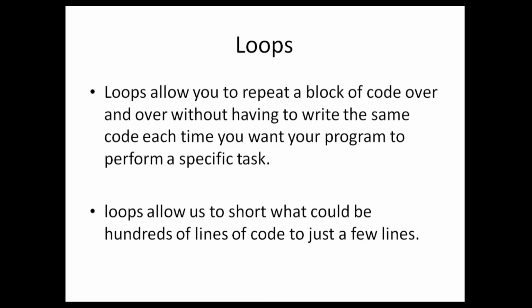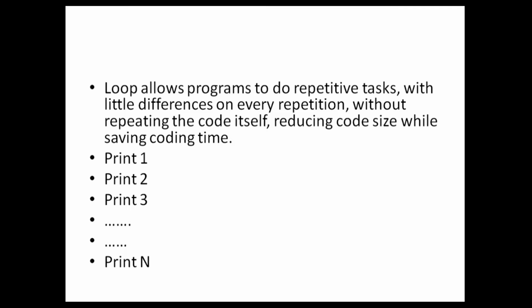Loops. Loop allows us to repeat a block of code over and over without writing the same code again. So basically we are converting our program, in a great manner we can say, to execute the same block of code again and again. So loop converts thousands or hundreds of lines of code into just a couple of lines. For example, if you wanted to print n numbers or 1000 numbers, rather than writing the same code again, we'll go for loop.